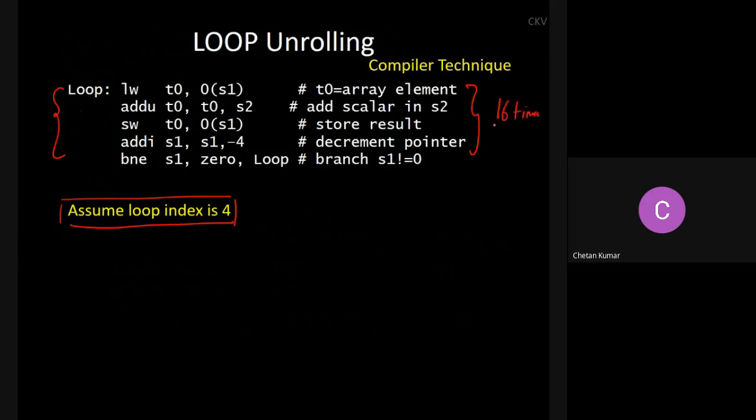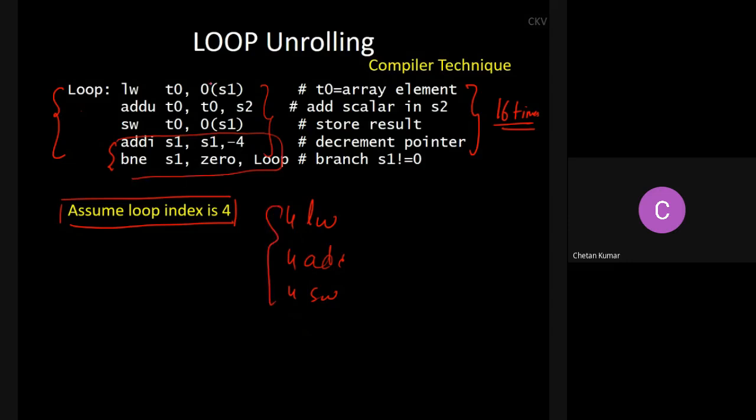When I say loop index 4, I'll replicate these statements 4 times, so there'll be 4 loads, 4 adds, 4 stores. Maybe this is an overhead you will be doing only once. You are loading some element, adding some value to it, and storing it in the same location. That's what is being done.